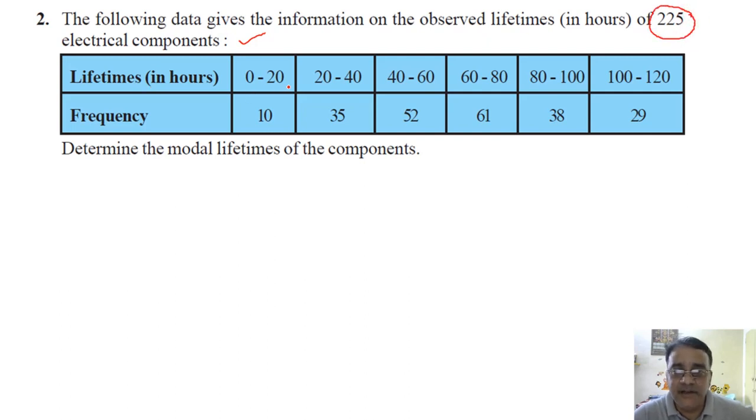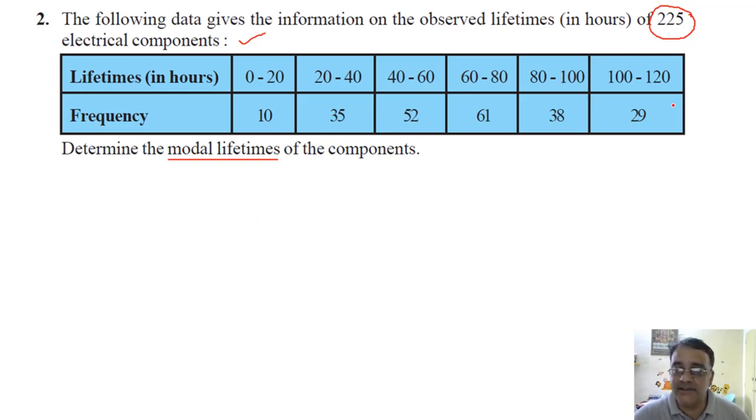The lifetime is given in the form of class intervals, and we have to find only the modal lifetime, that means the mode. So no need to prepare a separate table, but in the exam you have to make a rough table also. It is not that because it is given in the question we do not make the table; you have to make the table in the exam. Here I am not making it because the table is already visible in this slide.